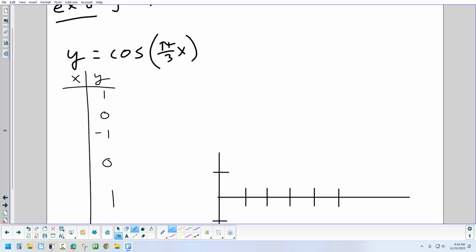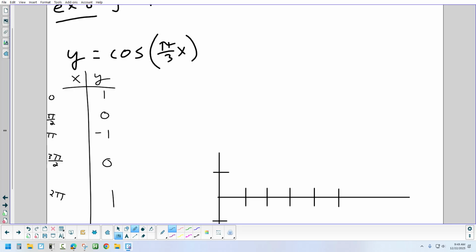Perfect. Okay, original x's: 0, pi over 2, pi, 3 pi over 2, 2 pi. What am I supposed to do to all those x's? Multiply by 3 over pi.